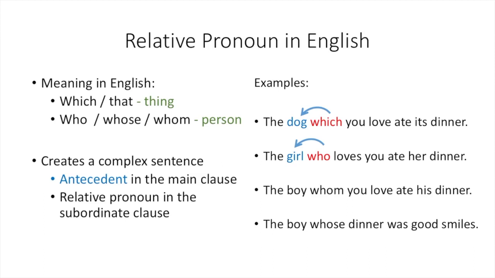And if we're being very grammatically correct, who, whose, and whom have slightly different roles in their relative clauses. Who is the subject pronoun, whose is the possessive pronoun, and whom is the objective pronoun. So it's the direct object, indirect object, or object of a preposition.